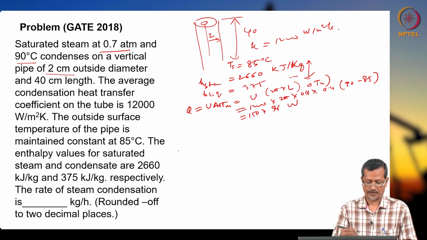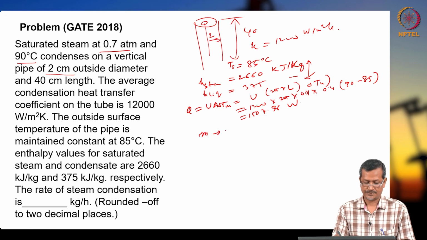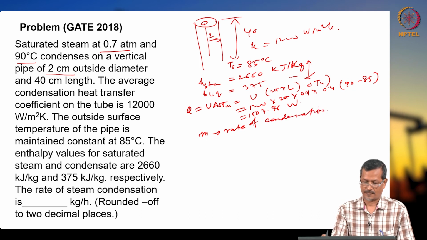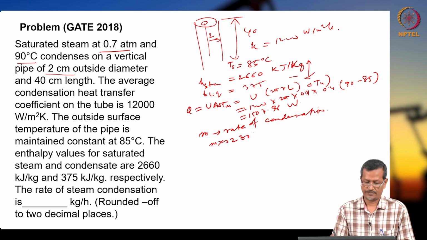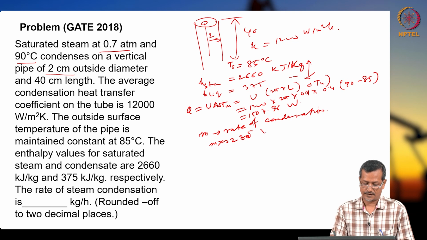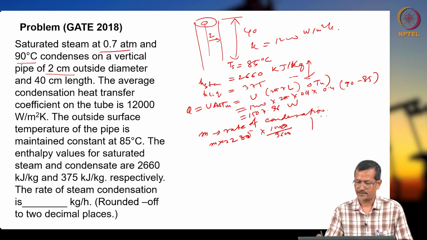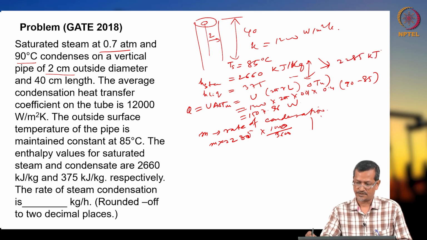So total heat given. Let M be the rate of condensation. So rate of condensation is M into 2285 into 1000 divided by 3600. Actually 2285 is coming like this: the difference of these two is giving 2285 kJ per kg.